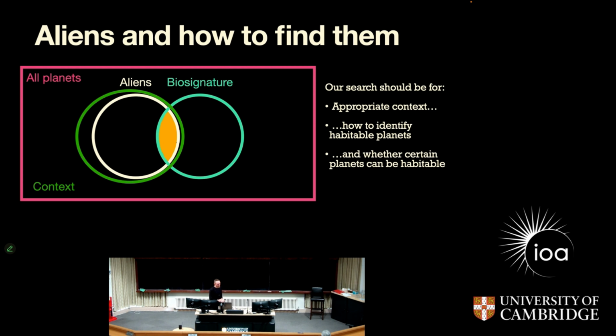So just to sum up now, and hopefully leave some time for questions, I really think our search for aliens, our search for life, should really be, currently, given the state of the field, rooted in a search for context. I think that's really what we have the opportunity to solve with this generation and next generation's telescopes.